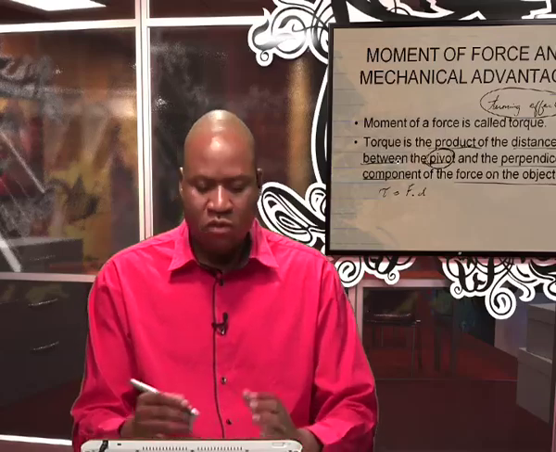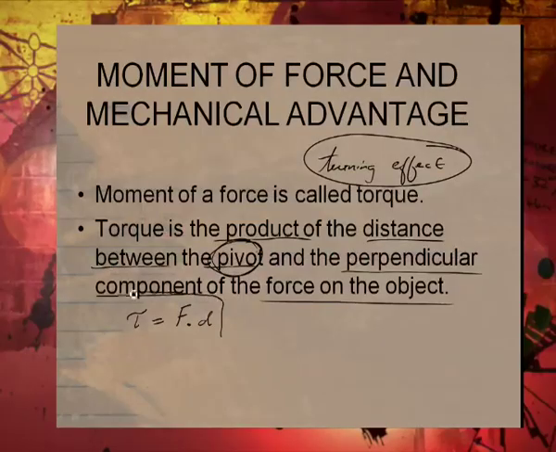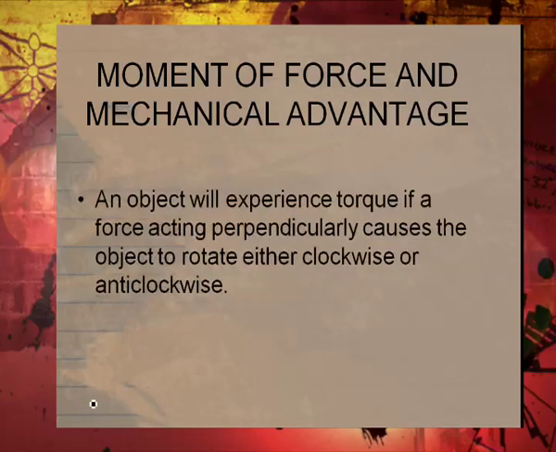When we do that, we will be able to know how much torque is acting on that particular object when a particular force is applied at a particular distance. Now, an object will experience torque if a force acting perpendicularly causes the object to rotate. Obviously, when it rotates, it can rotate in a clockwise direction or in an anti-clockwise direction.